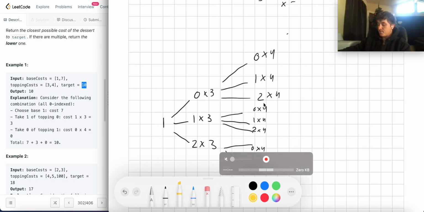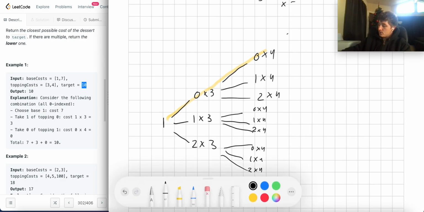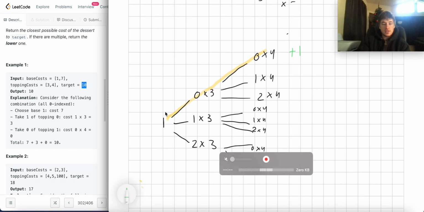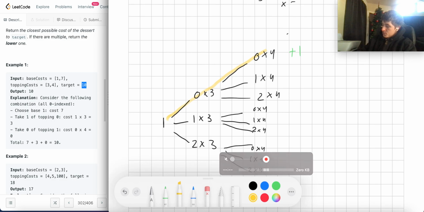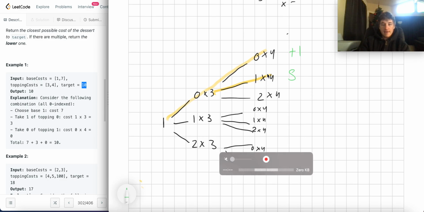So if I just summed up this, what's the length of this path? Well, that would cost me $1, right? If I just chose this ice cream and I chose no toppings, that would cost me $1. If I chose this path, that would cost me $5, right? Because I use this topping with this base.